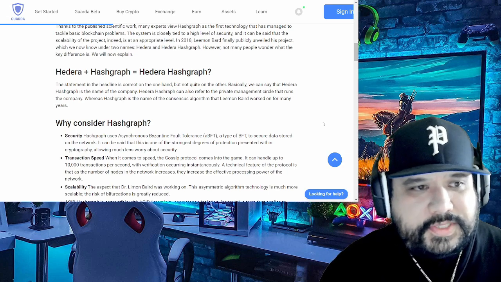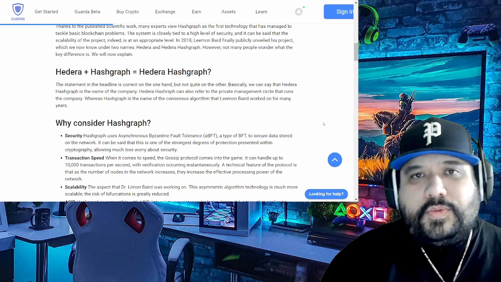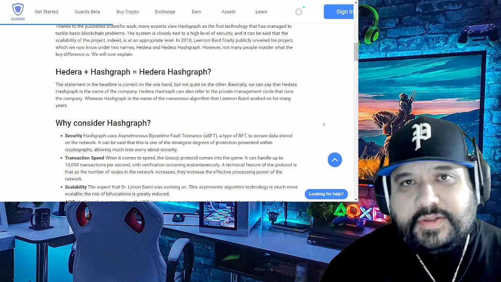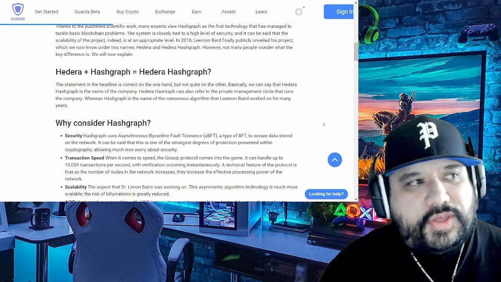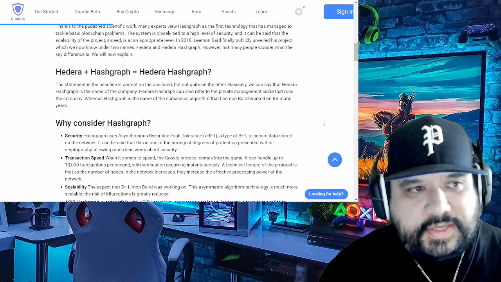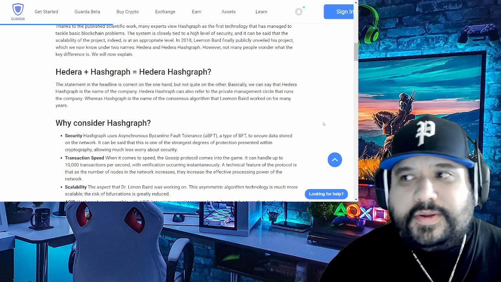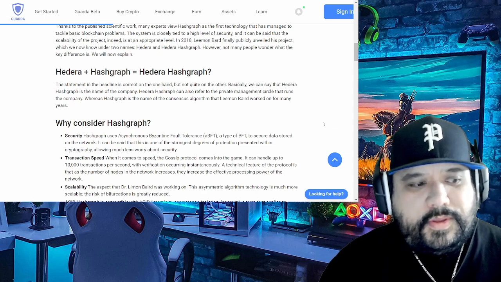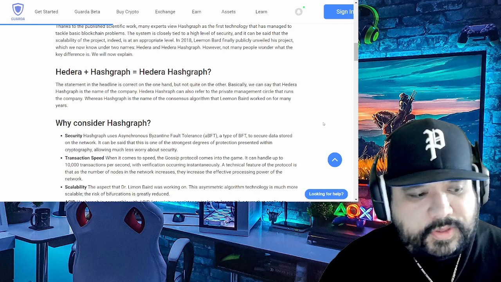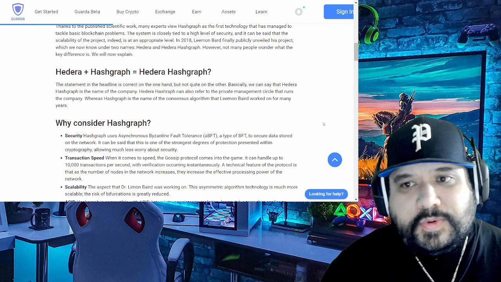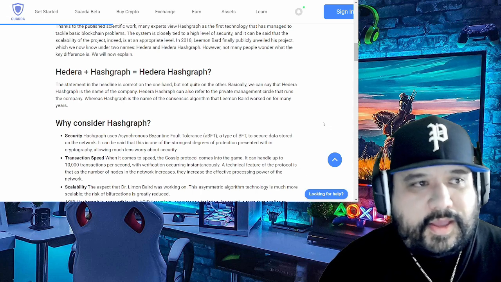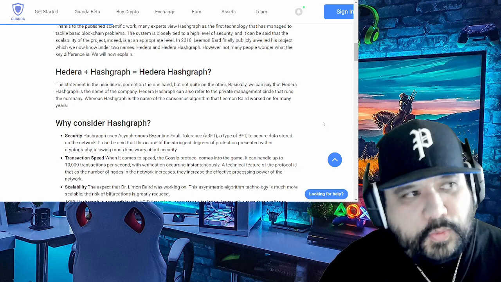So you're talking about a guy who not only invented this particular algorithm with Hashgraph, but if anything, built what we see in Hbar. Think about how many different blockchain projects or crypto projects in general there are out there where you have some guy, I hate to say it, with no experience.